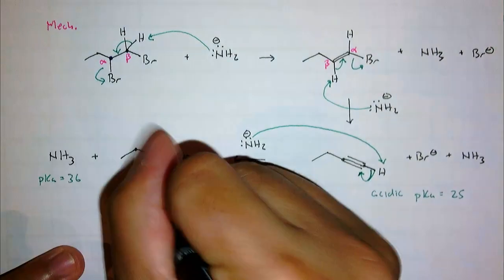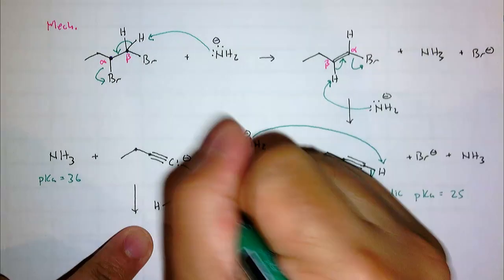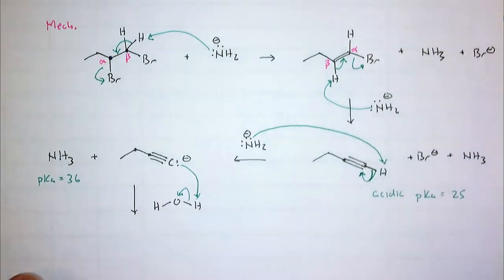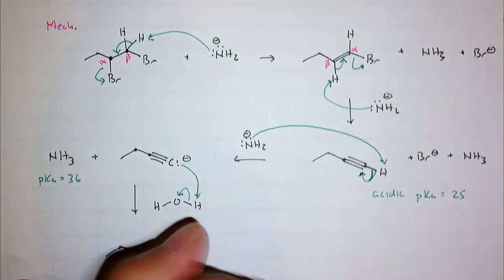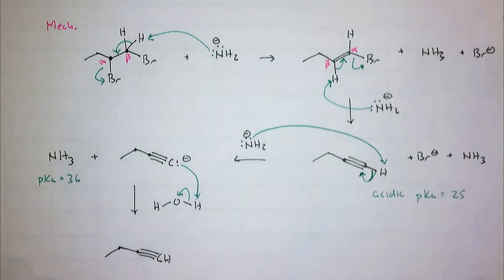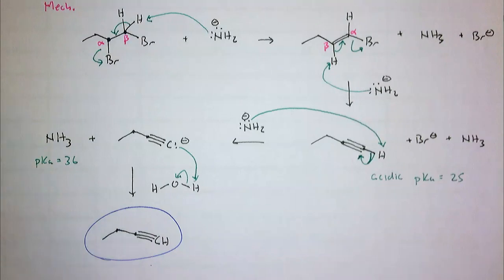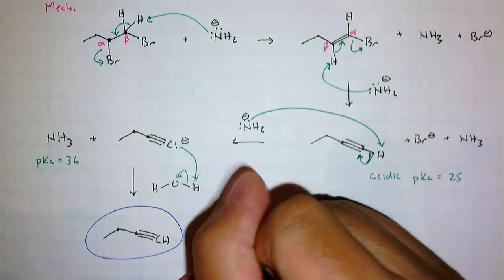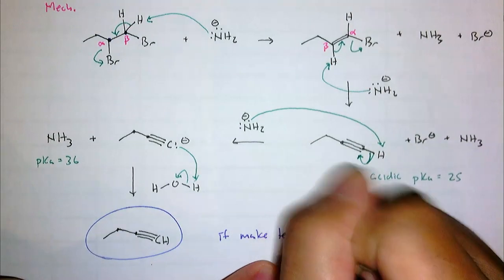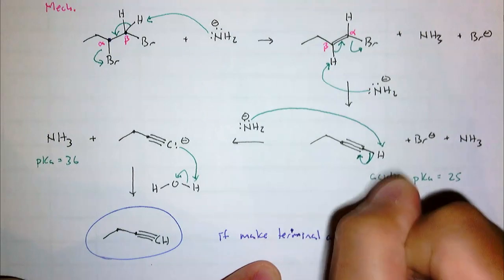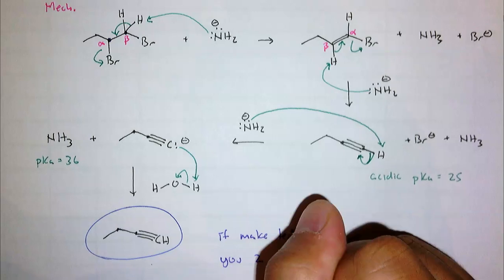When we have water, water is acidic enough to protonate back your alkyne anion. And we have this. And this is our final product. So the point here is that if you're going to make a terminal alkyne, use a second reaction, water.